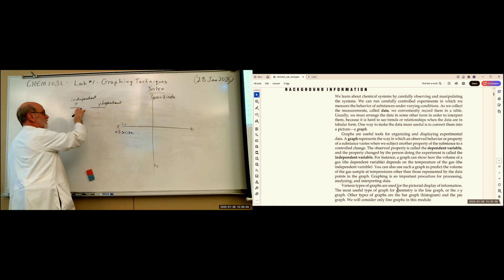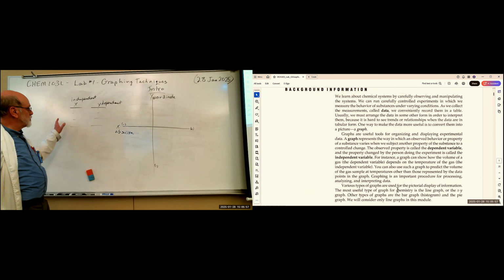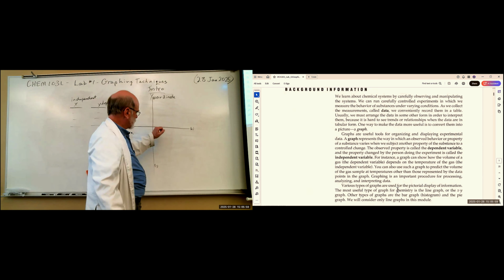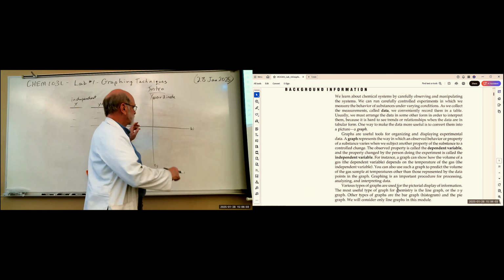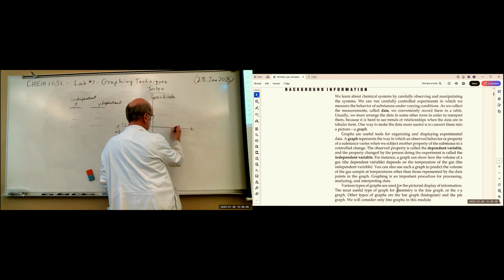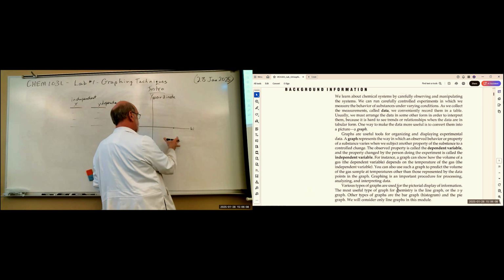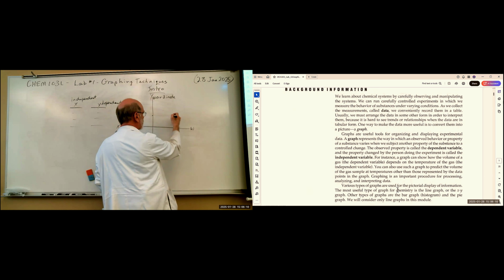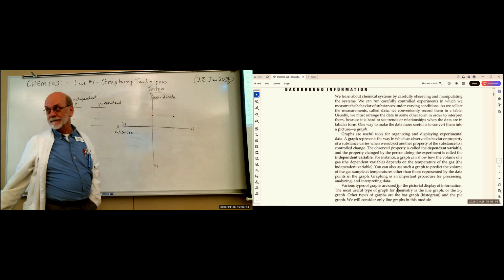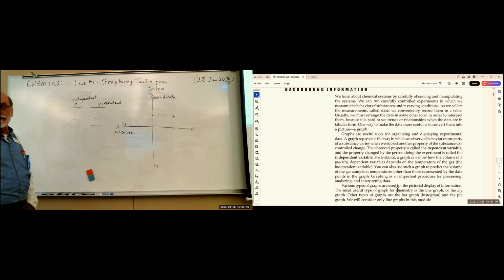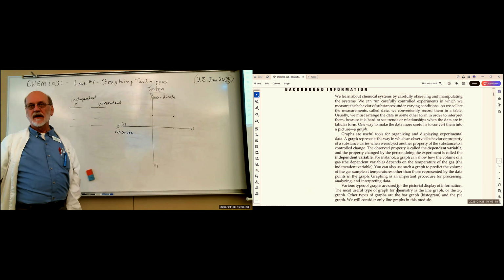In other words, it depends on what we do over here. So we put the independent values along this axis, and the response is along this axis. And if we go over here so many units this direction, and its response is up here, then the point that we're illustrating is right there. Okay? That's a data point. It represents a measurement.